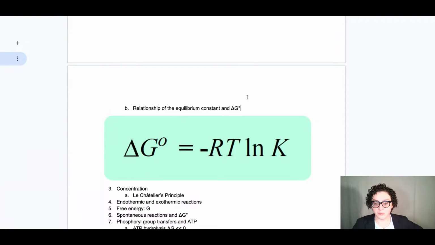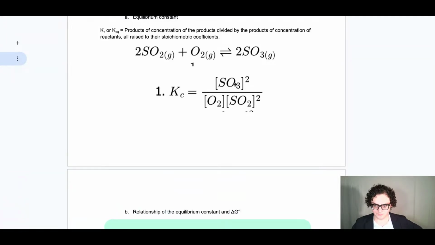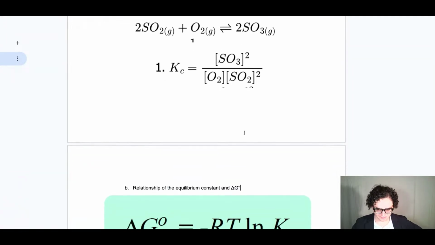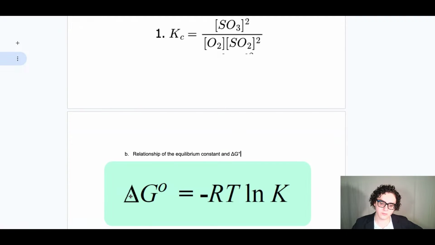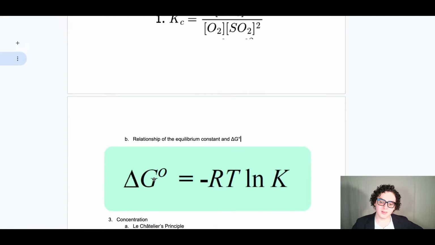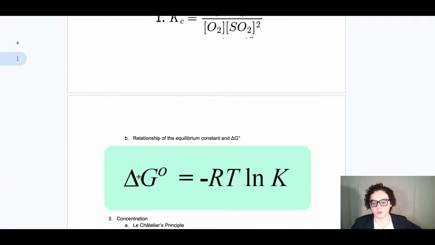Look at that. There's one familiar value, T, or temperature, and another one, K, which you just described and defined as this over this. This is a thermodynamic variable, the change in Gibbs free energy, which, as stated before, tells us whether or not a reaction is going to occur spontaneously, which might as well be, for our purposes, whether or not the reaction is going to occur.